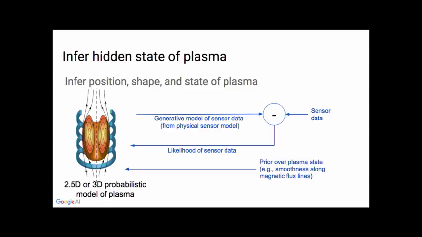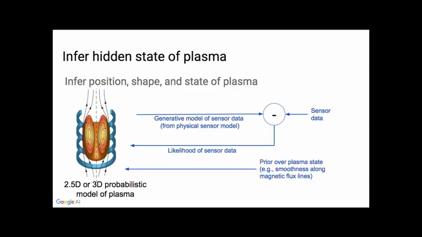We have a 3D probabilistic model of the plasma, or 2.5D if we're trying to make it faster. And we have a generative model, based on the physics of the sensors, of the sensor data. We compare what the generative model is predicting to the actual sensor data, and we use that as a feedback loop to update the probabilistic model.